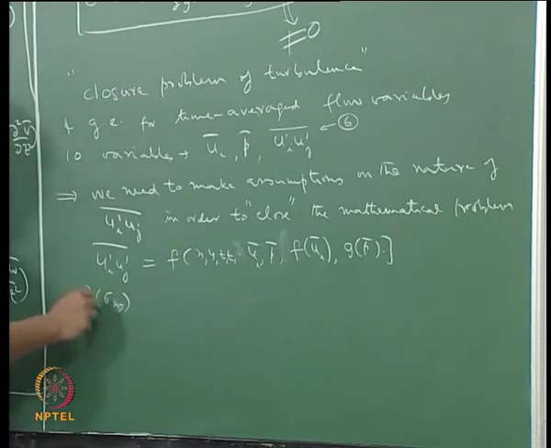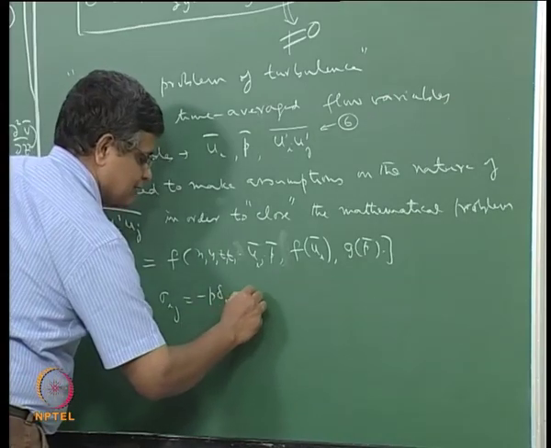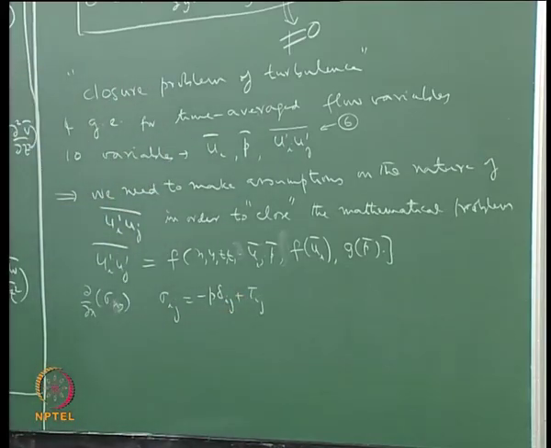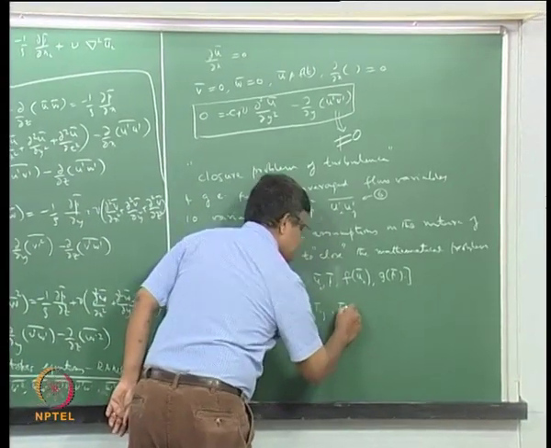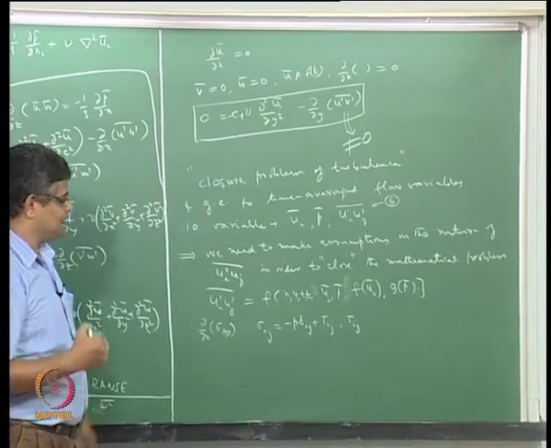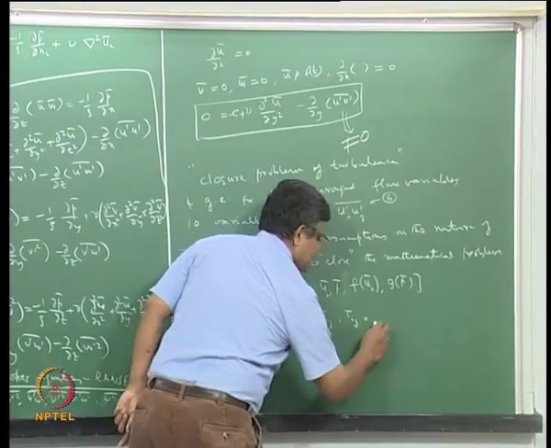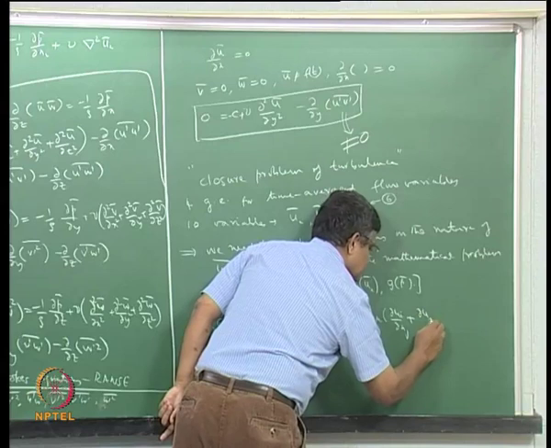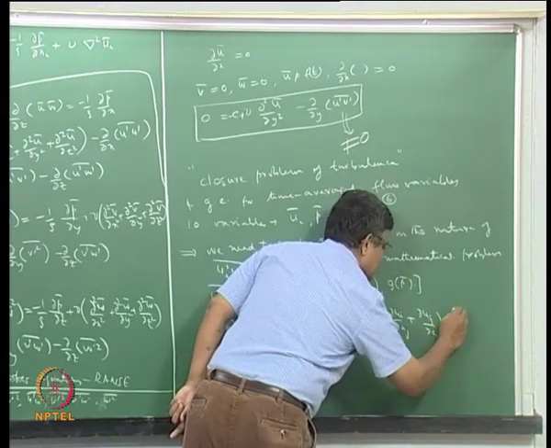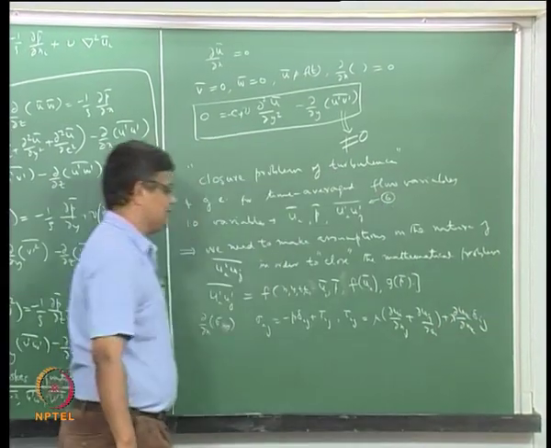So at that point, in order to get around this, we decomposed this sigma ij into minus p delta ij plus tau ij, where we said that tau ij is the viscous stress tensor, and using the linearity assumption between the viscous stress and the deformation rate tensor, we finally expressed tau ij as mu times dou ui by dou xj plus dou uj by dou xi, plus lambda times dou uk by dou xk times delta ij.